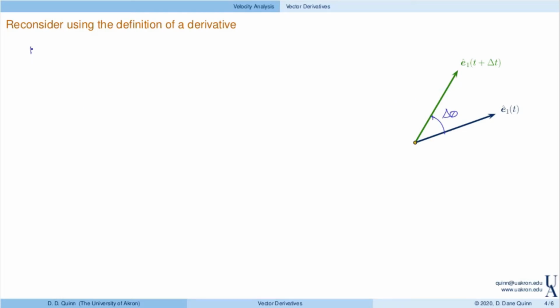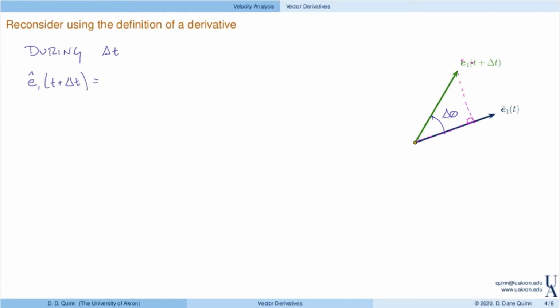So during this time interval, delta t, I can go and write E1 at this new time, right? So E1 here at t plus delta t. And so here, this is just a little bit of geometry. You could think about our direction transformations, right? So maybe you have this pink triangle.